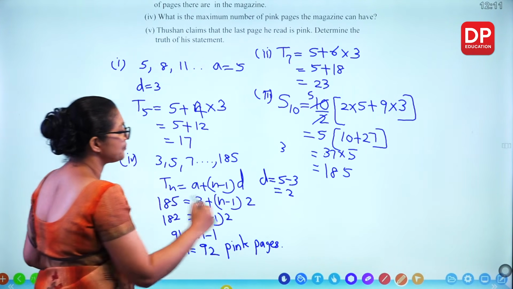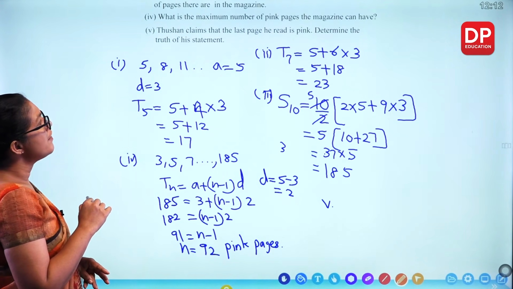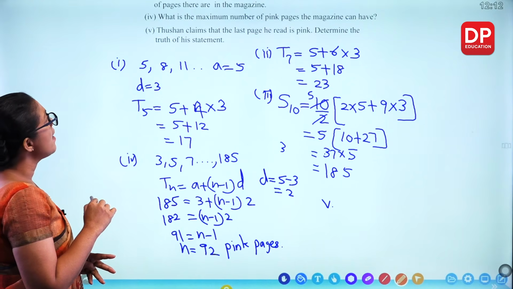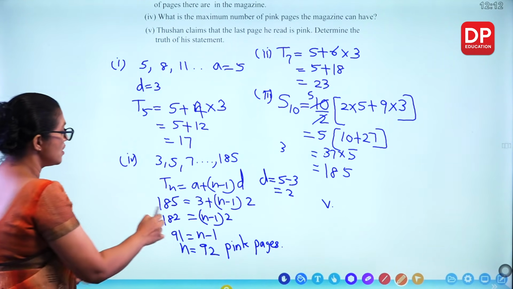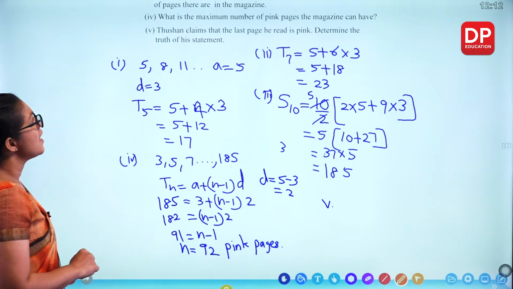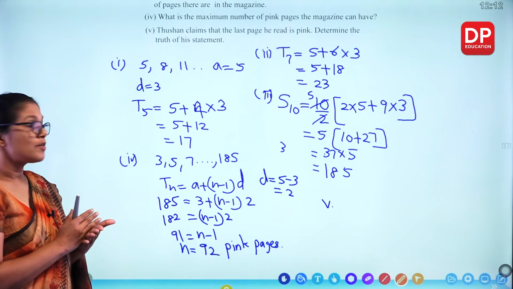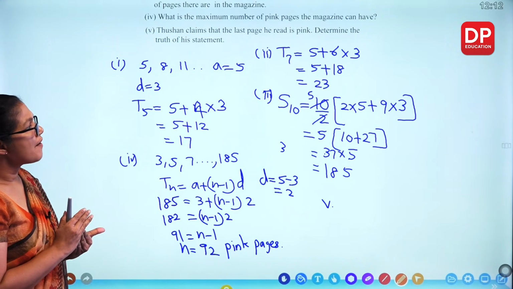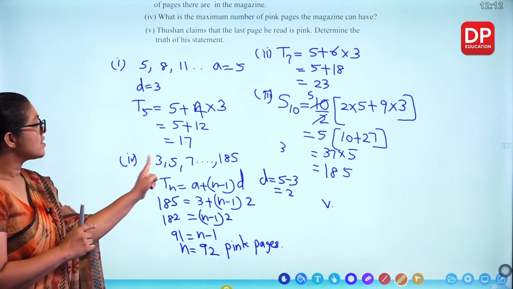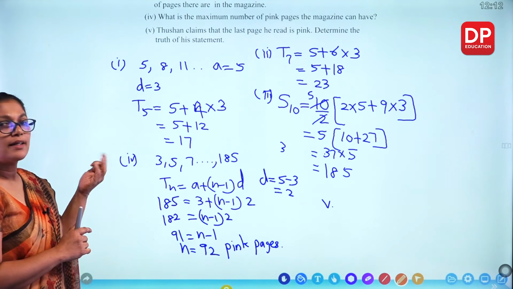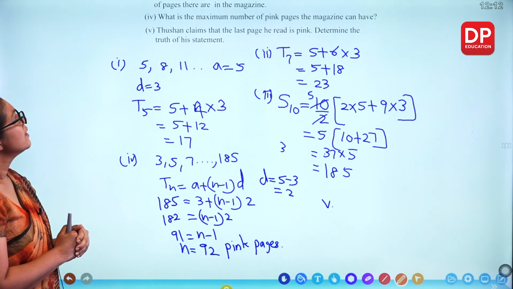Last part. Tushan claims that the last page he read is pink. Determine the truth of his statement. So 92 pink pages are there. Last page is, now in the full magazine there are 185 pages. So pink pages are odd numbers. So definitely last page is pink.